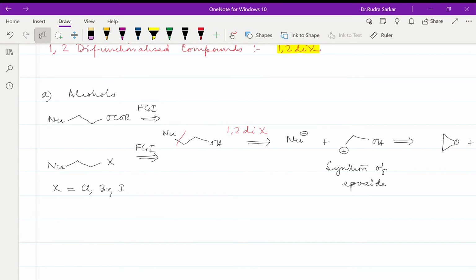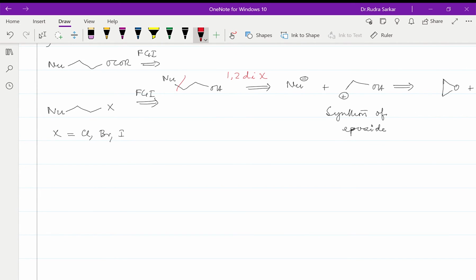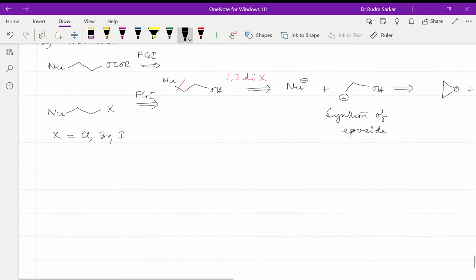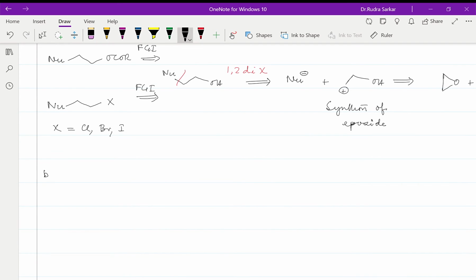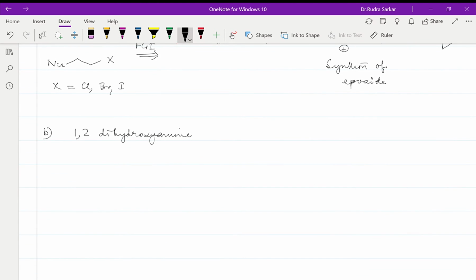Okay, so let us apply this to another set of molecule, and we are considering over here now the disconnection of a 1,2 dihydroxyamine, and what do we have? We have this molecule. Where do we disconnect?